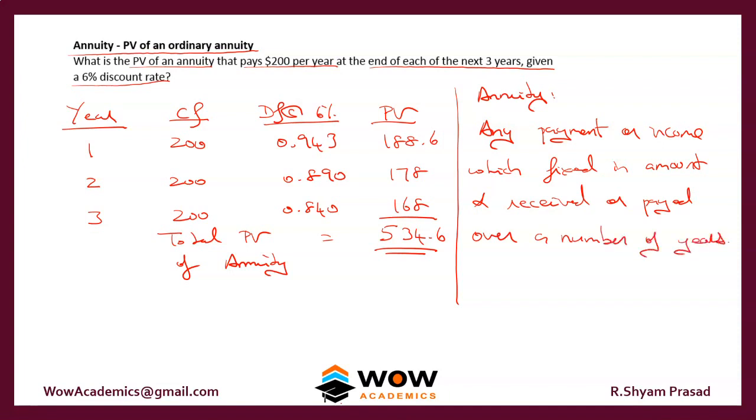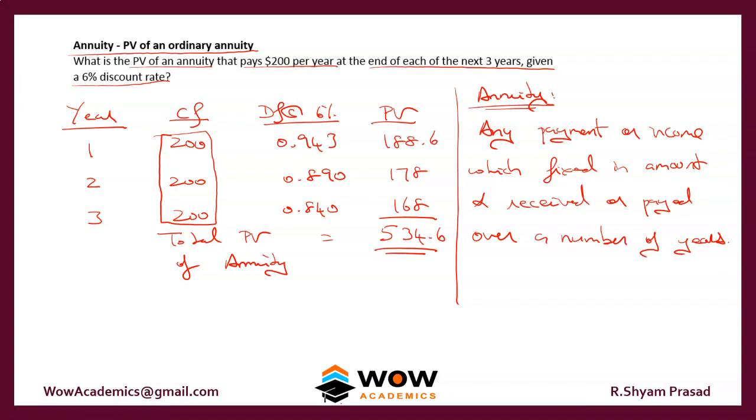That is, very simply, if you're going to receive or pay a fixed amount of money, 200, 200, 200, the number doesn't change, every year it is 200. In that case, it is called an annuity rather than a cash flow.